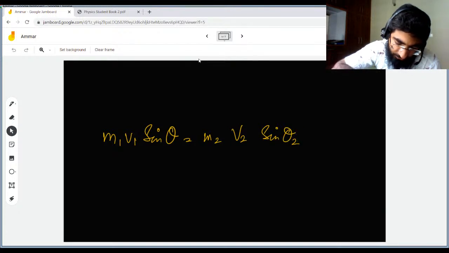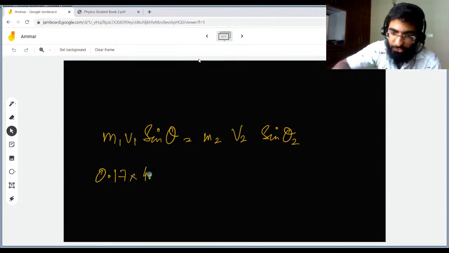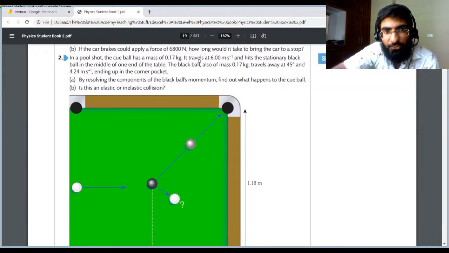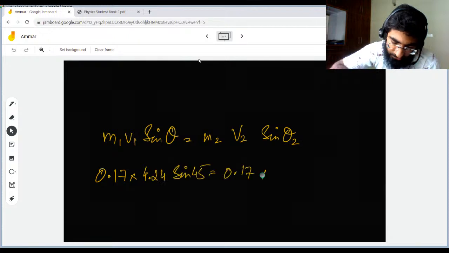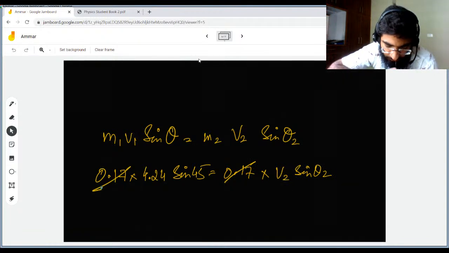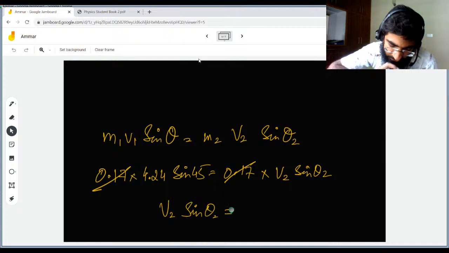So 0.17 times 4.24, that's quite fast, sine theta 2. 0.17 cancels. V2 sine theta 2 is equal to what?